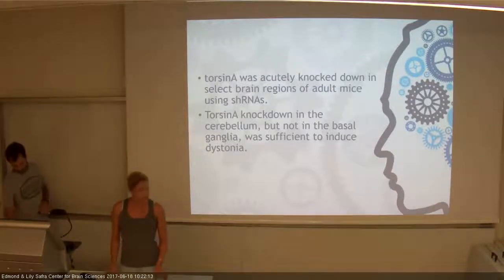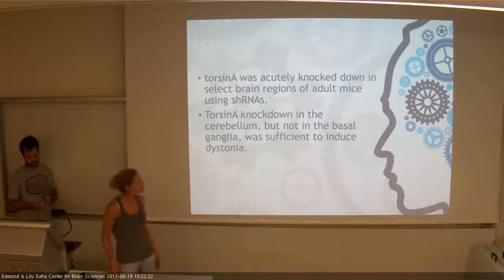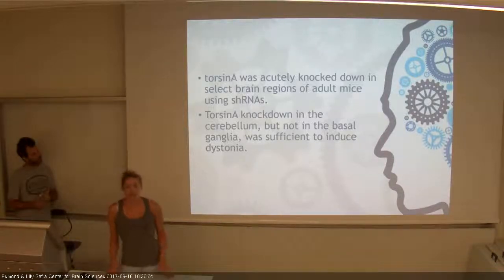What they found is that when they did the knockdown in the basal ganglia, they didn't see any dystonic symptoms. But when they knocked down in the cerebellum, they saw something really similar to the human patients.